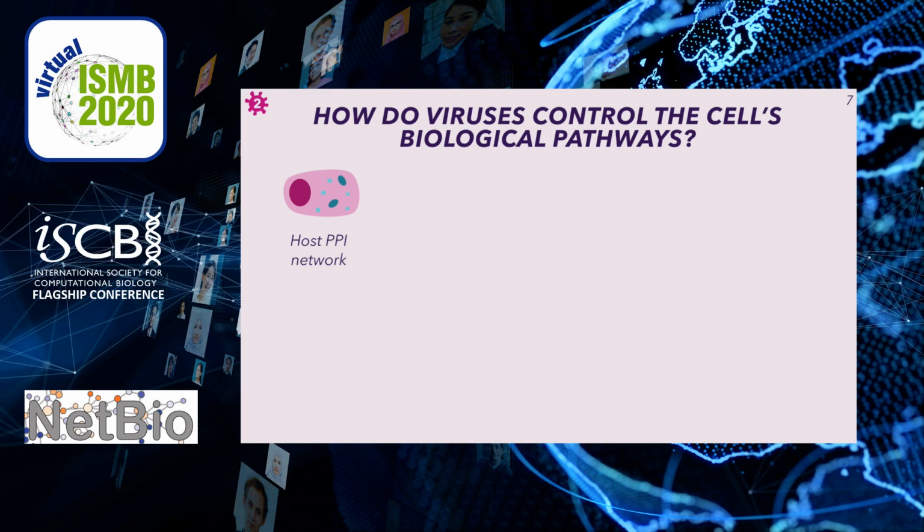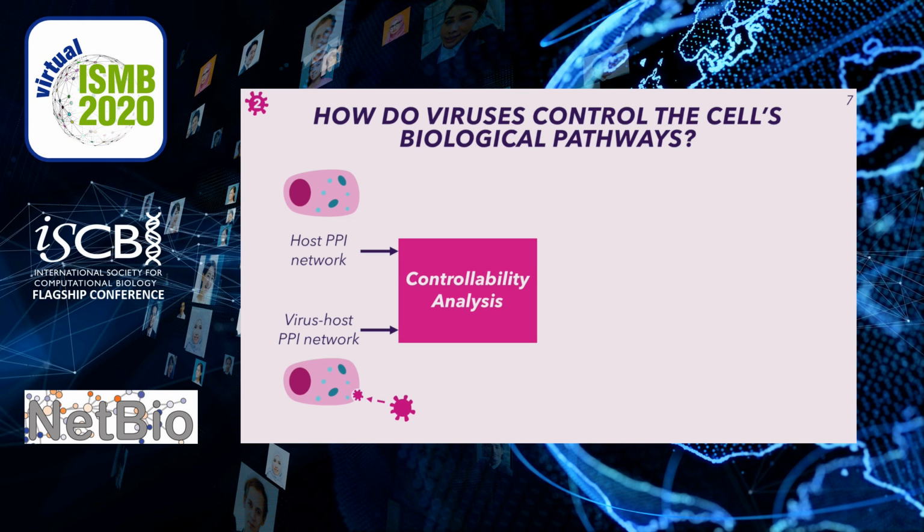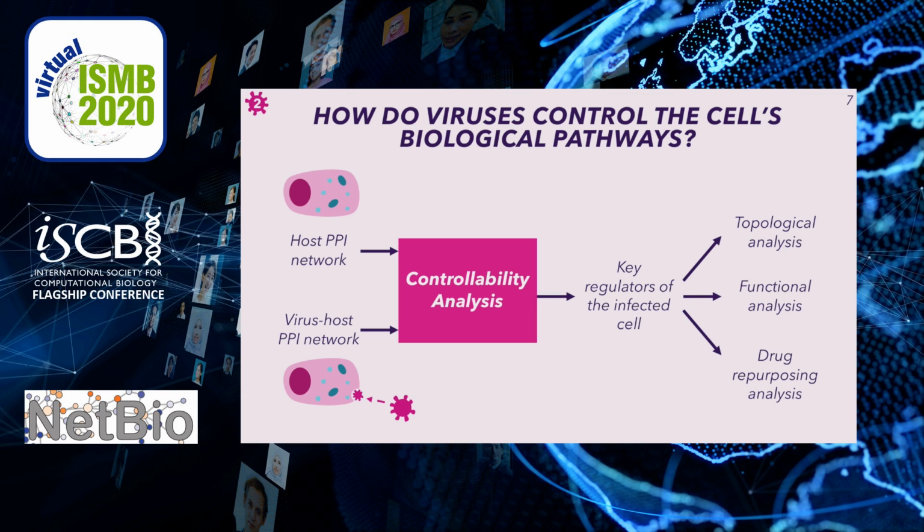So we take a healthy host PPI and an infected virus host PPI and use this controllability analysis, kind of a black box right now, or a pink box, but it's 2 analyses where the output are key regulators of the infected cell based on the differences in regulation of these 2 networks. And from there, we can identify the topology, the functional roles, as well as any potential for drug repurposing of these regulators.